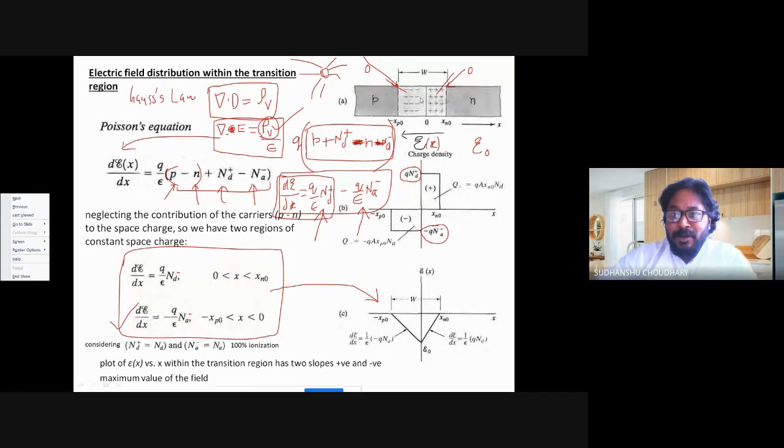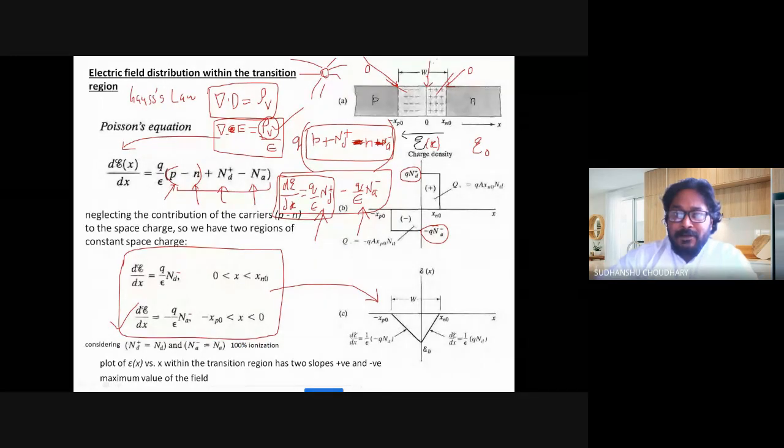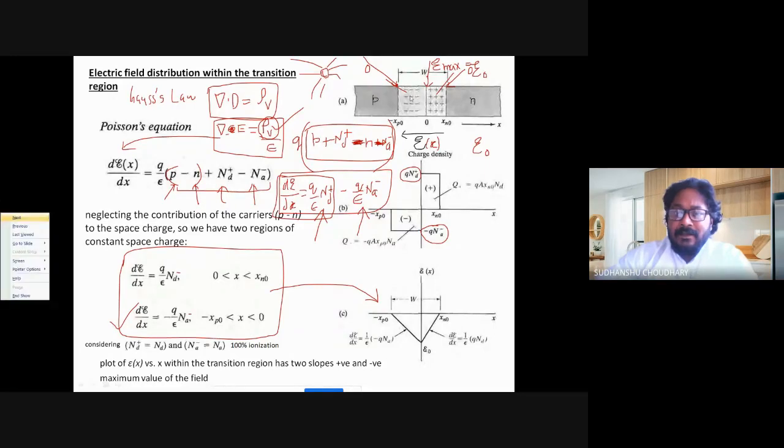So at what point will it be maximum? It is very important to note that the electric field will be maximum at the junction itself. That is, at this point, the electric field is maximum, equal to E naught. Why is it maximum only at the junction?